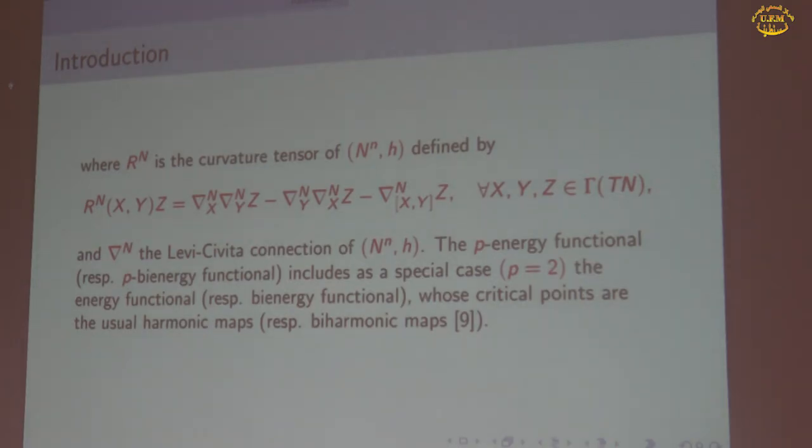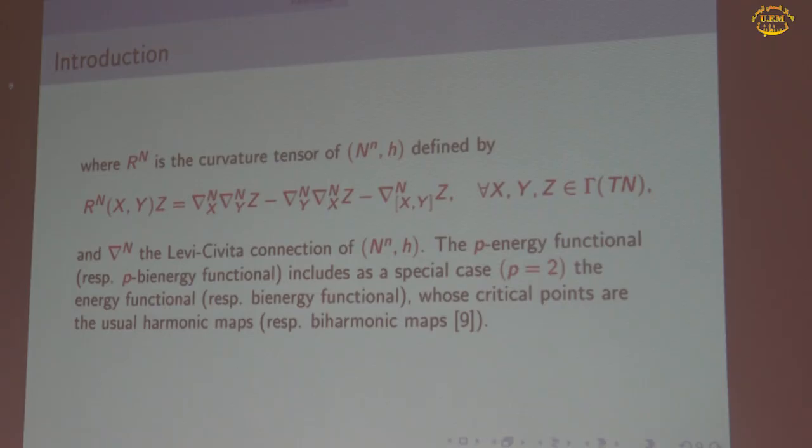The P-energy functional, respectively P-bienergy functional, has as a special case, for P equal to 2, the energy functional, respectively the bienergy functional, whose critical points are usual harmonic maps, respectively biharmonic maps.